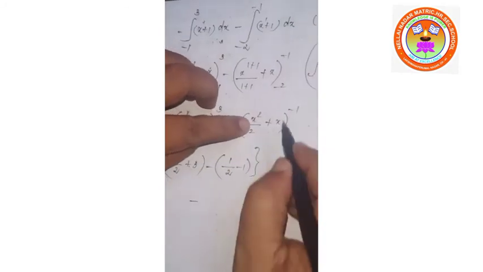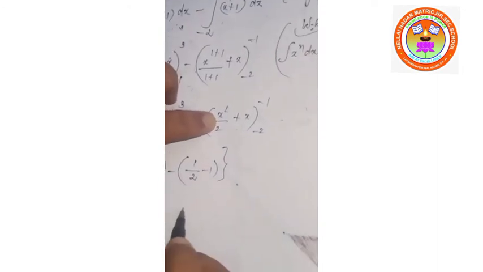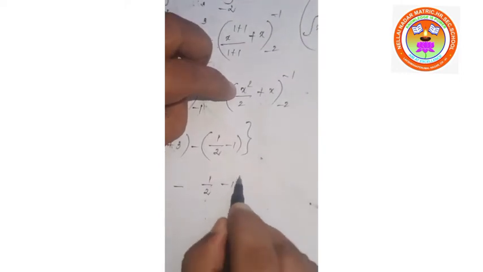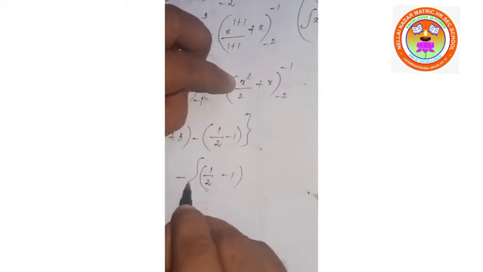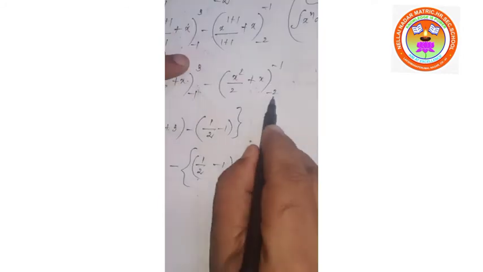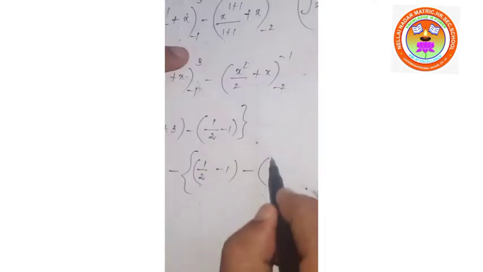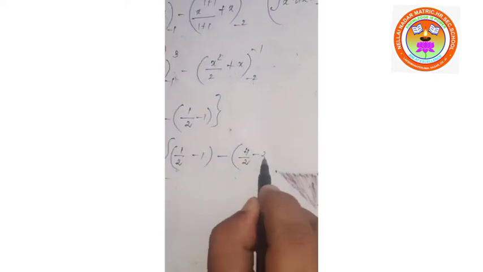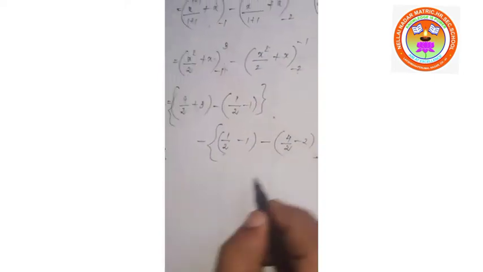Minus, replace x by -1. -1 the whole square is 1, 1 by 2. Replace x by -1, -1. Upper limit is over. Minus lower limit. Also lower limit? -2. -2 the whole square is 4 by 2. Replace x by -2. You have to simplify.